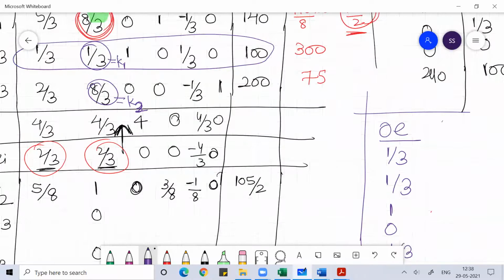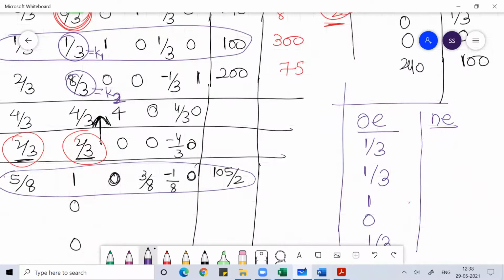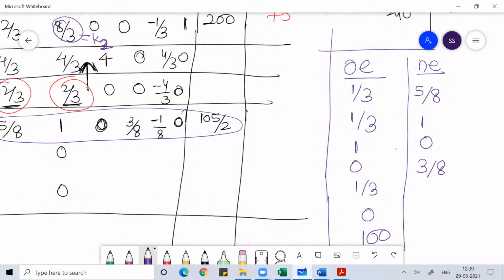And these are your new elements: 5 by 8, 1, 0, 3 by 8, minus 1 by 8, 0, 1, 0, 5 by 2.